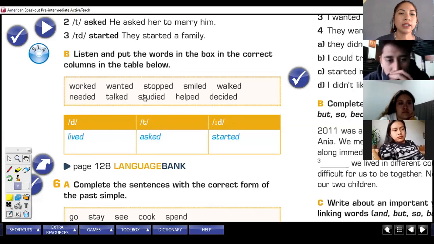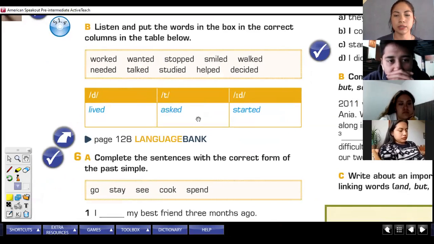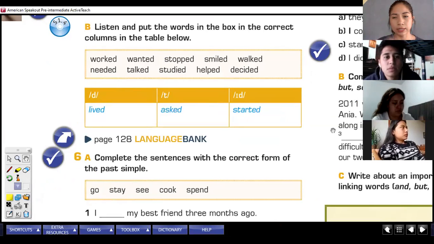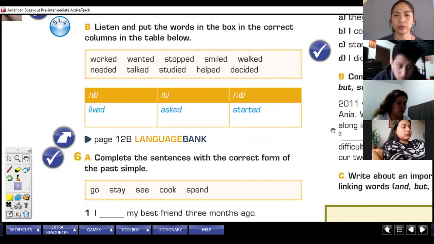Listen, if you can do it on your notebook, please. Can you do it on your notebook? Listen to the verbs and try to classify them. Ready? Preparen su libreta. Van a escuchar verbos y tratan de clasificarlos.